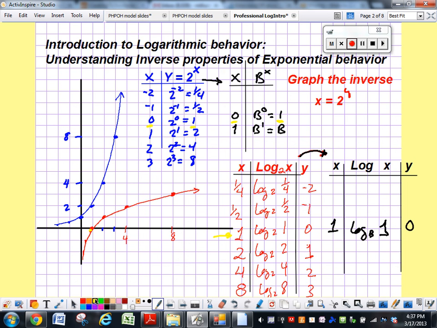The next cool rule that we have is this fact from exponents, that when we plugged in a 1, we got a 2. This is a nice point right here. But in general, anytime we plug in a 1, base to a power is going to give us a base back. So we always had this point 1, base, just like we had 0, 1 a minute ago.